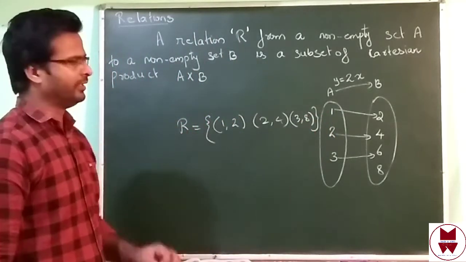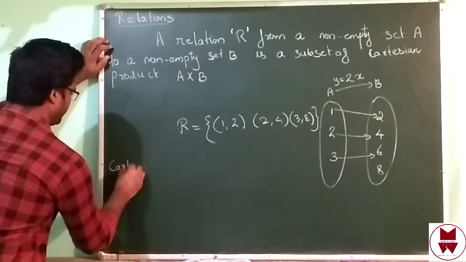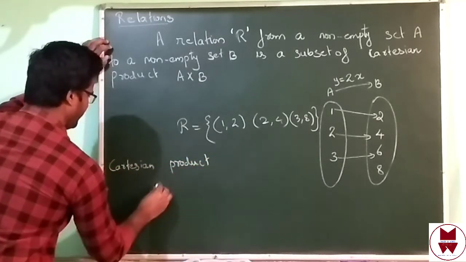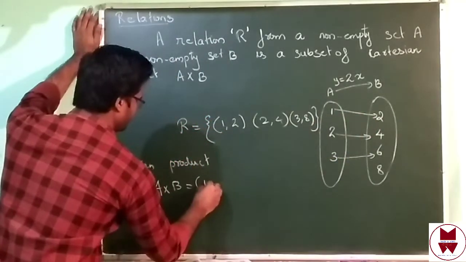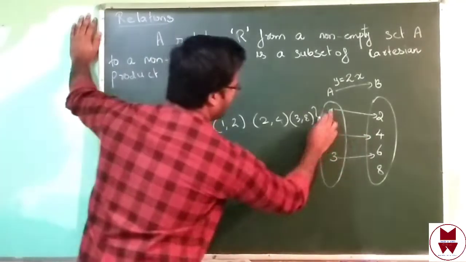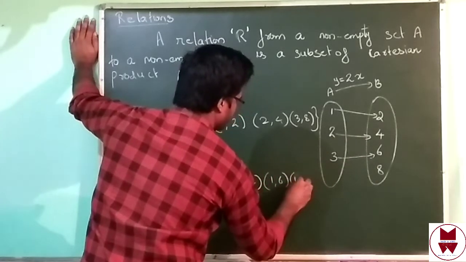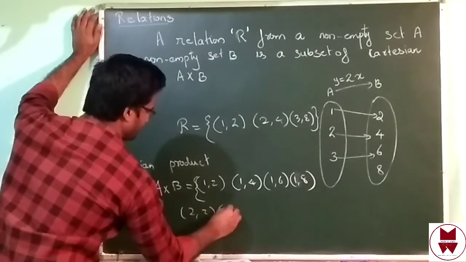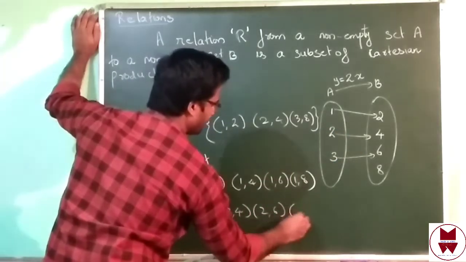This is our relation. If you write the Cartesian product of A and B, that is A cross B, what will you get? 1 into 1, 2, 1 4, 1 6, 1 8, then 2 2, 2 4, then 2 6, 2 8.